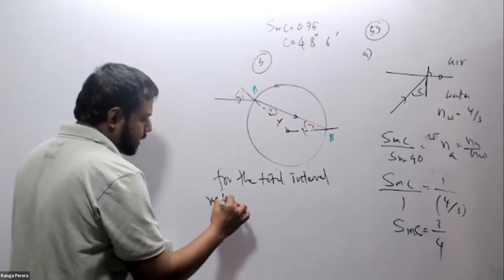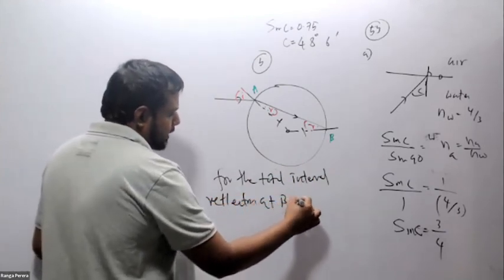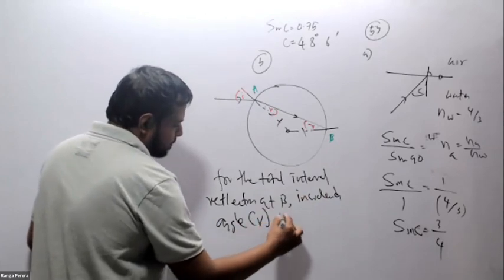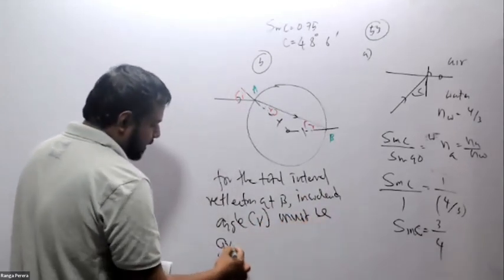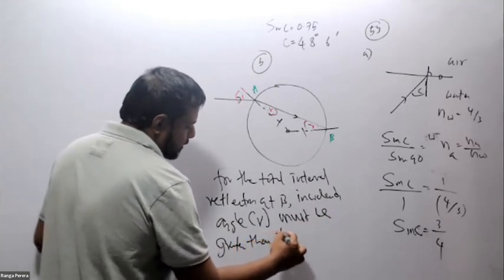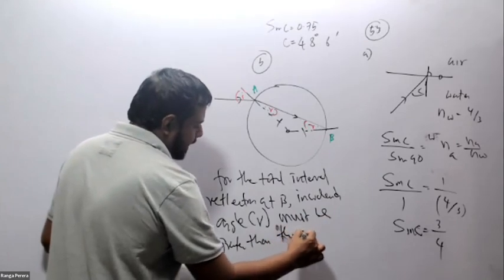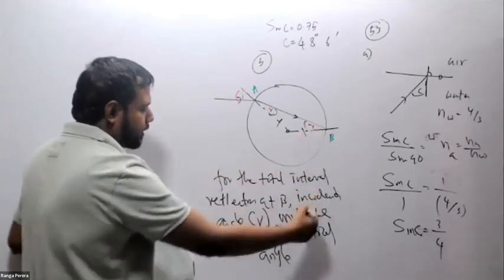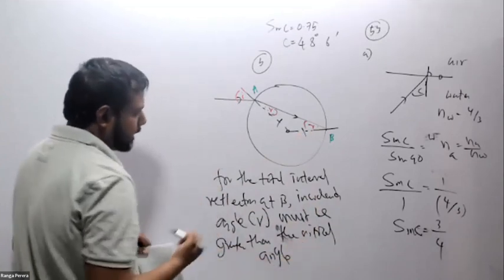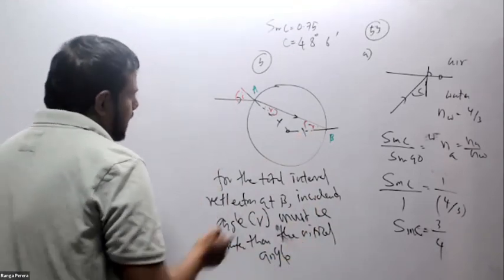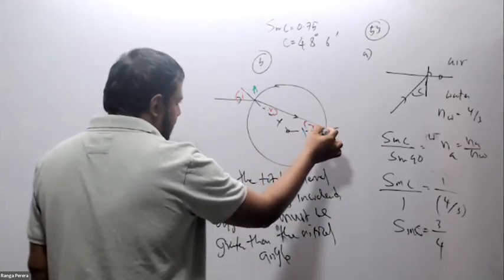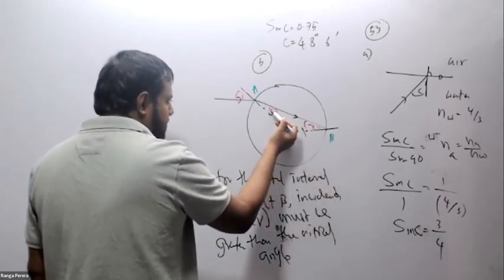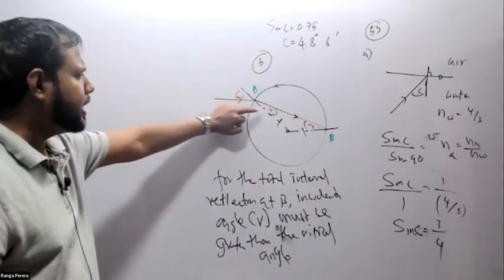For the total internal reflection at B, the incident angle, which is r, must be greater than the critical angle.